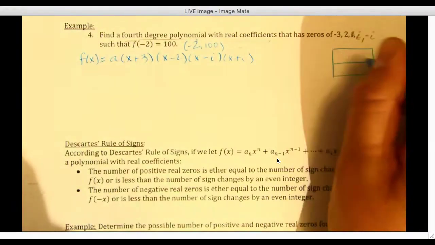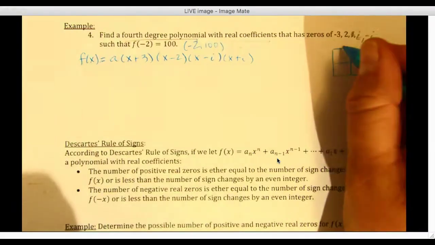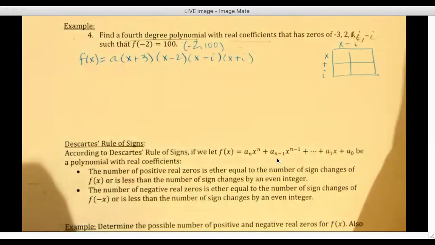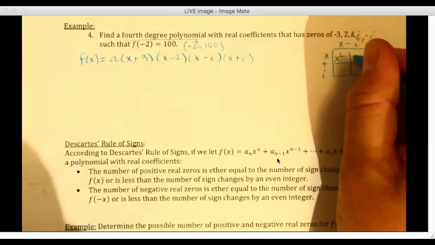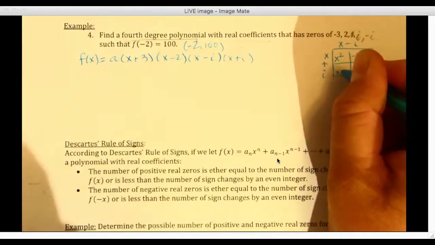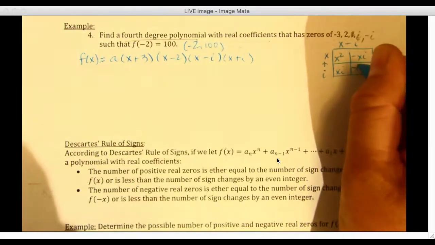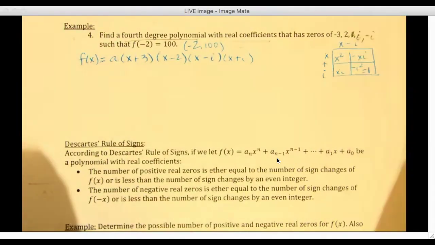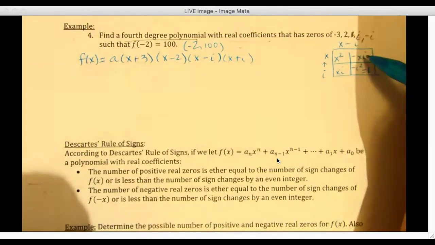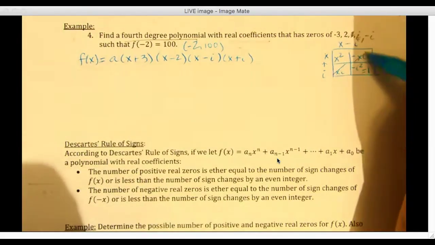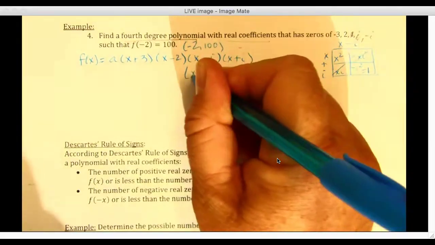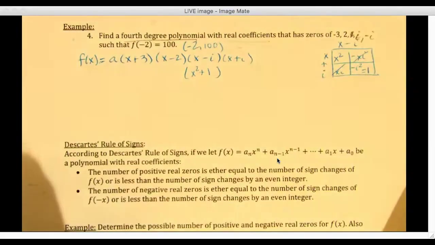I have x minus i and x plus i. That's x squared, -xi, positive xi, and -i squared. But i squared is -1, times a negative would be +1. -xi and positive xi cancel out, and these 2 factors become x squared plus 1.